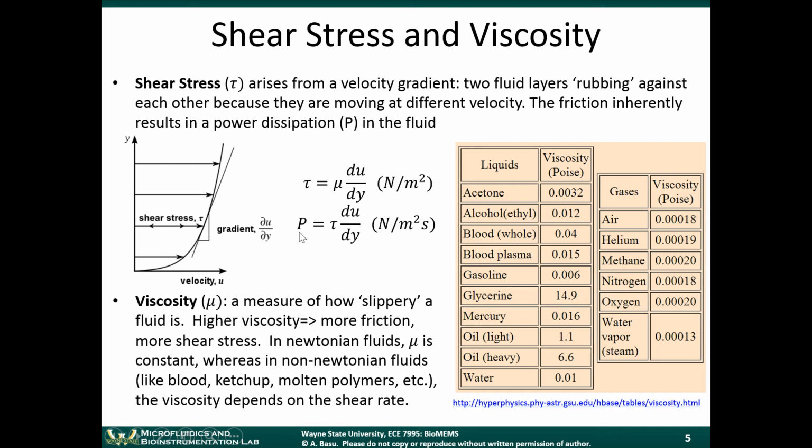So the power dissipation, P, is equal to the shear stress times du/dy. And the shear stress here is given by mu times du/dy. So the second derivative of the velocity will give you the power dissipation in the fluid.